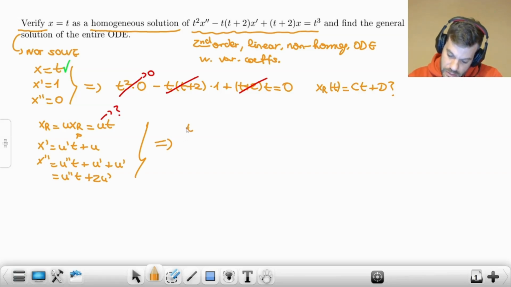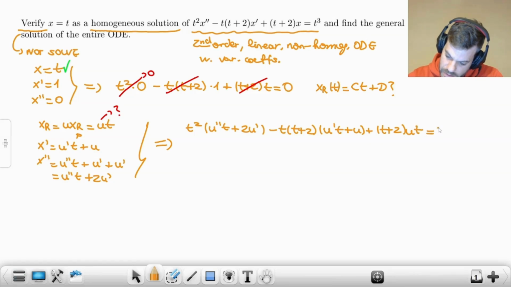So t squared times x double prime, u double prime t plus 2u prime, minus t times t plus 2 times x prime, which is u prime t plus u, plus t plus 2 times x, ut. Is this equal to 0?